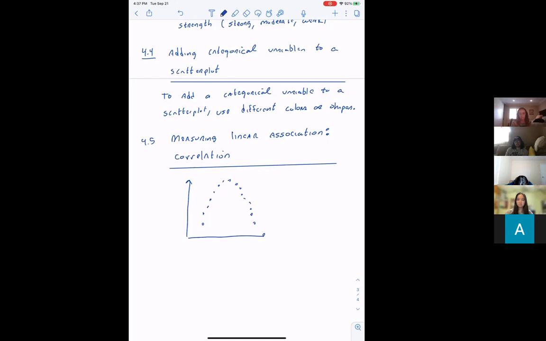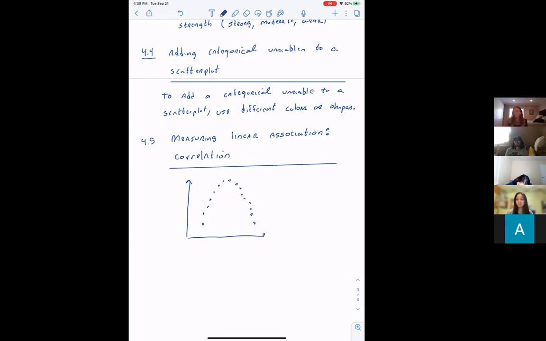And you have two options, both of which are beyond this course. One is to design a mathematical relationship for nonlinear situations, which we're not going to worry about. And the other way is to recast the data in linear form, which again, we're not going to worry about. The fact is, for this class, all we care about is linear associations and measuring them.